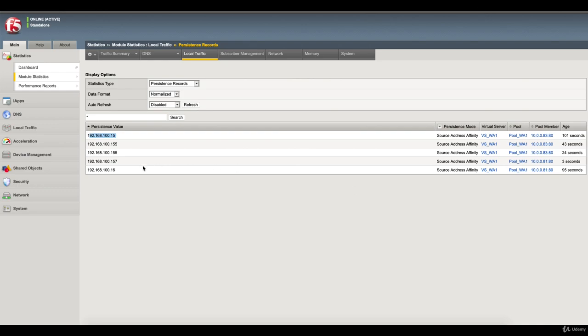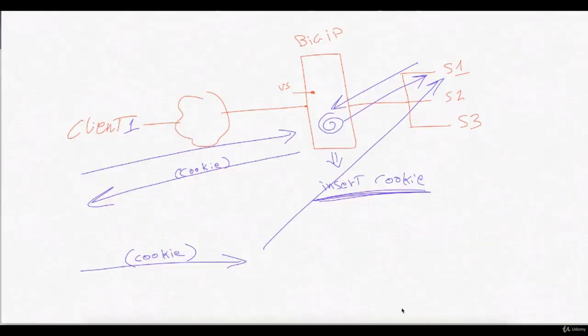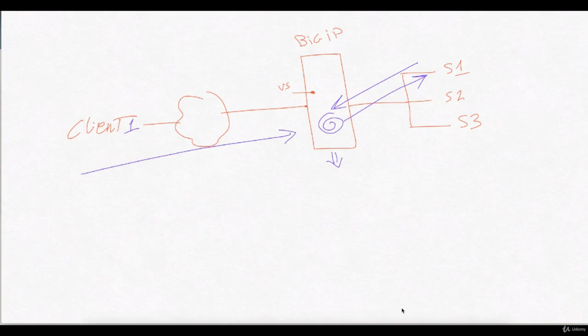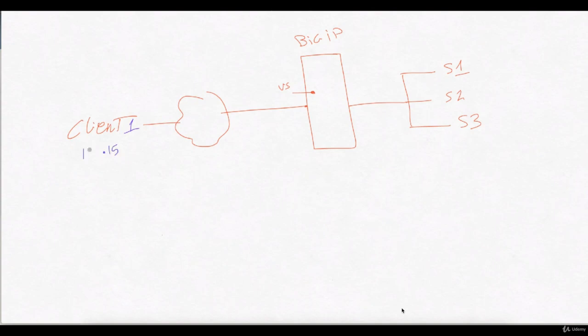Now, let me go to the whiteboard. Let's go to the whiteboard and we'll discuss this source IP persistence, because we have a couple of options that we can configure. So we have client 1 with the IP address 192.168.100.15.